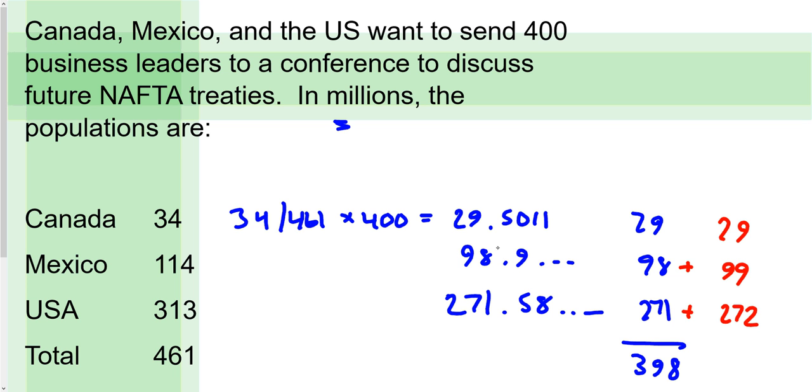So if Canada loses and rounds down, the difference between 30 and 29 is much more significant than the difference between 271 and 272.